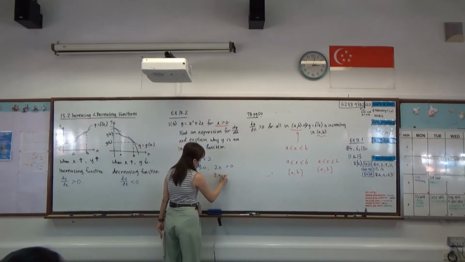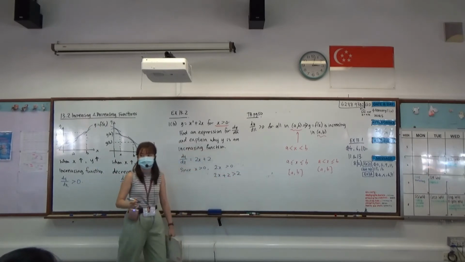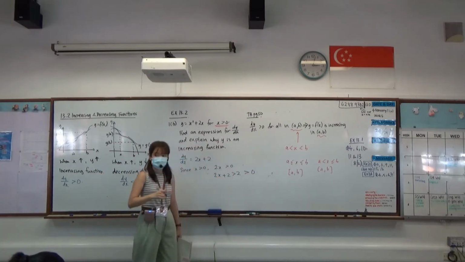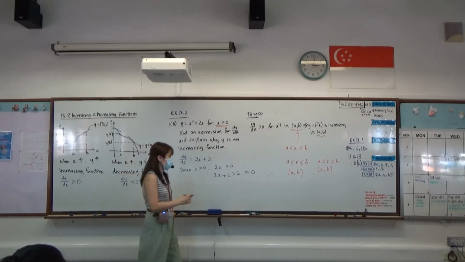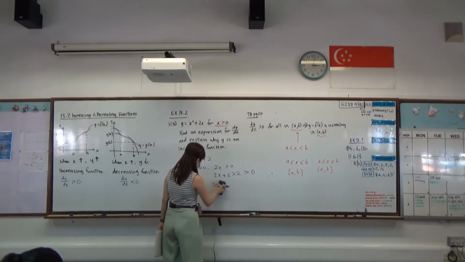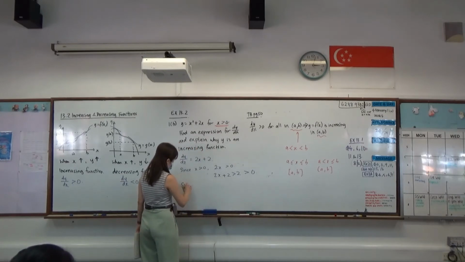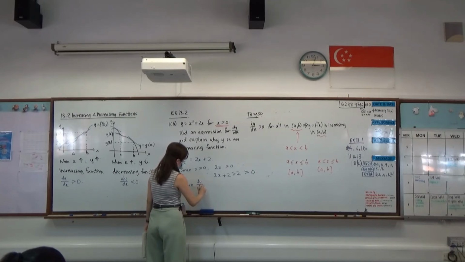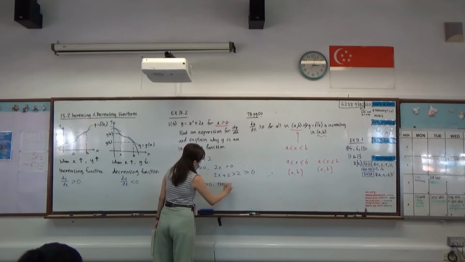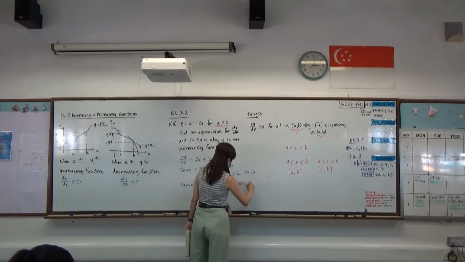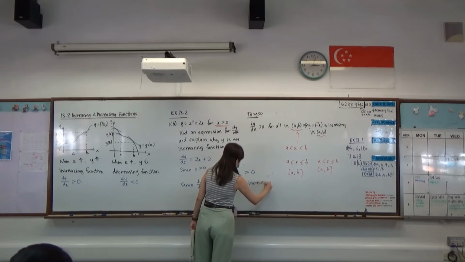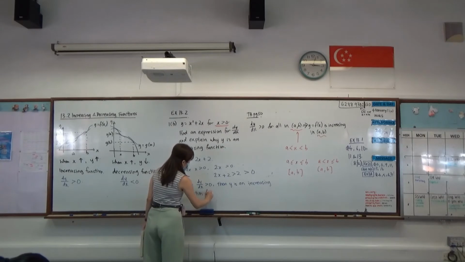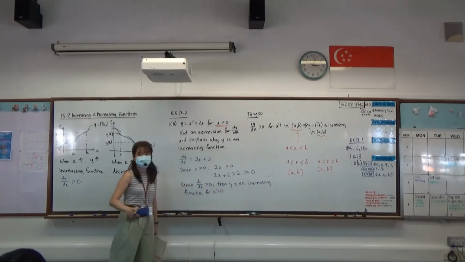Then 2x plus 2 will be more than 2, because 0 plus 2 is 2, and that will be more than 0. So since dy over dx is more than 0, then y is an increasing function for x more than 0.